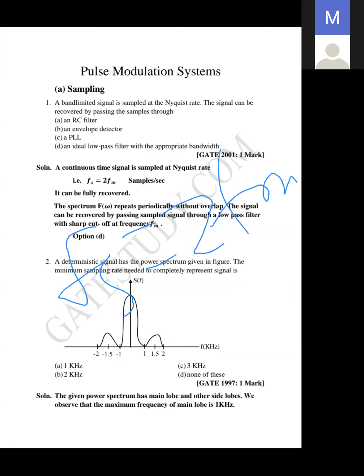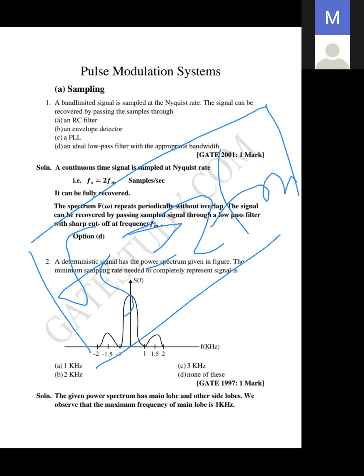When I want to recover the signal without any loss, the minimum condition required is Fs equal to 2Fm, where Fs is the sampling frequency and Fm is the frequency of the message we are sending. This is the minimum criterion to get the signal back without loss. The actual condition is Fs greater than or equal to 2Fm, but when it is exactly equal, it is called the Nyquist rate.